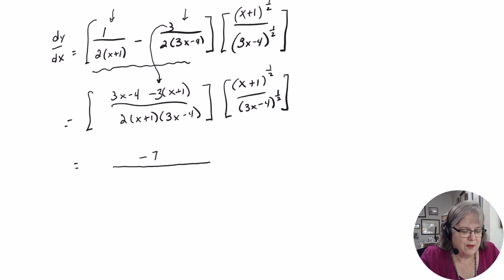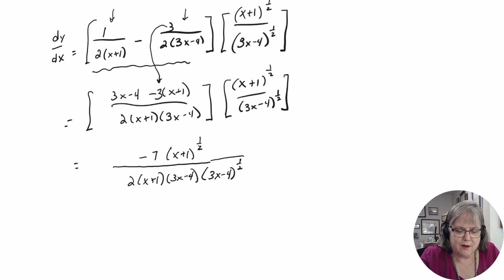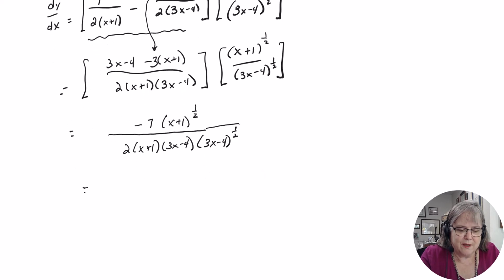over this. Yeah, let's put it right here. x plus 1 to the 1/2 over 2, x plus 1, 3x minus 4, 3x minus 4 to the 1/2. So I'm kind of multiplying all my parts together. Now, do you see this right here?